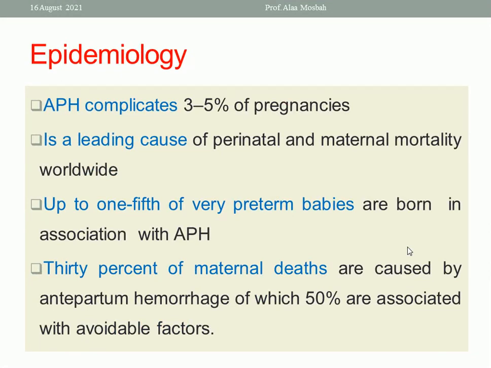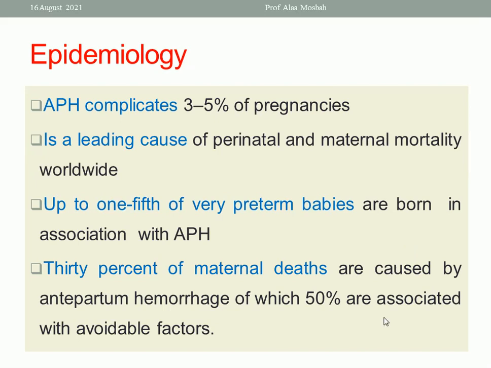Antepartum hemorrhage accounts for 3 to 5% of cases during pregnancy and is a leading cause of perinatal and maternal mortality worldwide, especially in developing countries. Up to one fifth of very preterm babies are born in association with antepartum hemorrhage.